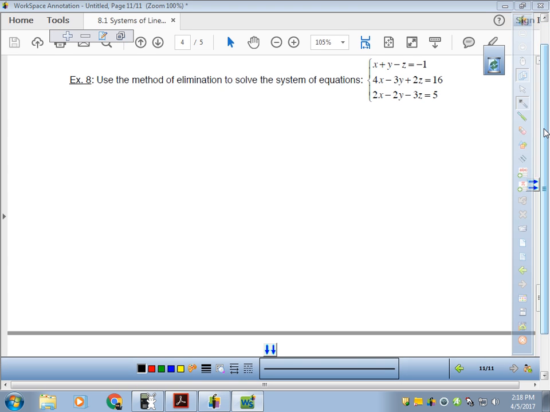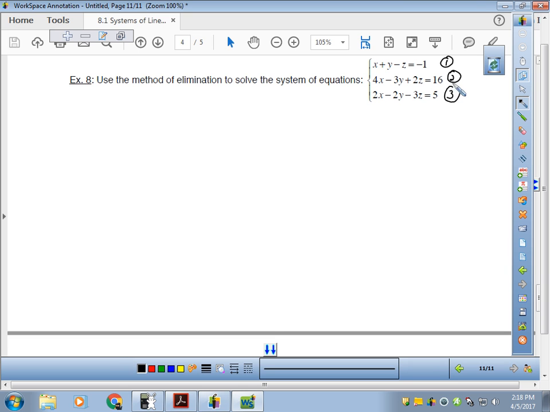So example 8 asks us to use the method of elimination to solve the system of equations x plus y minus z equals -1, 4x minus 3y plus 2z equals 16, and 2x minus 2y minus 3z equals 5. Now what I usually do first off is I number my equations to kind of help me sort this thing out.